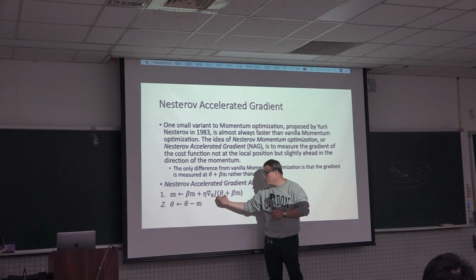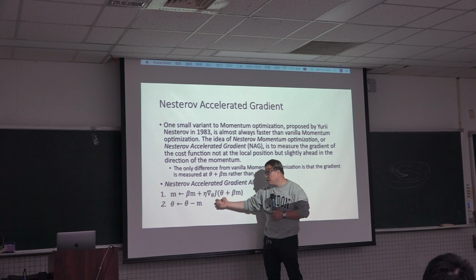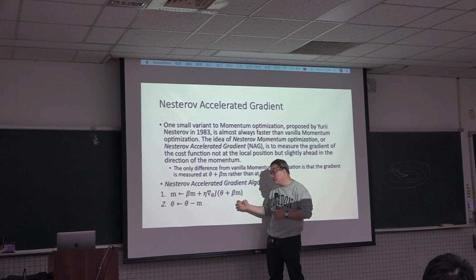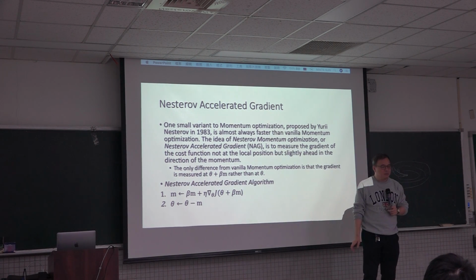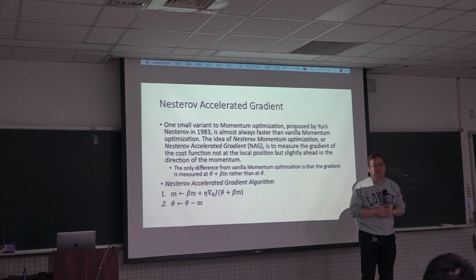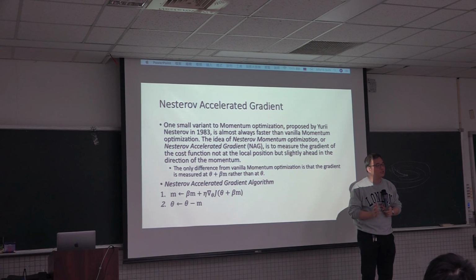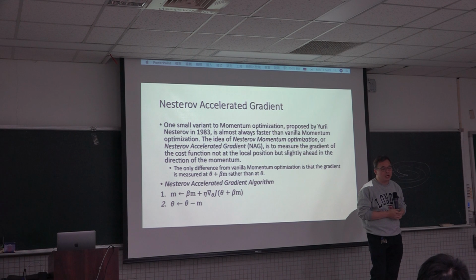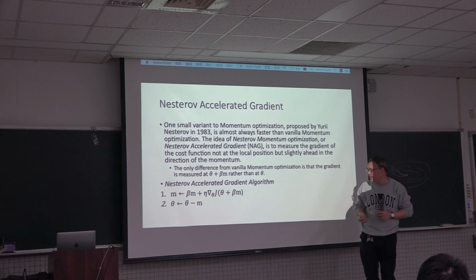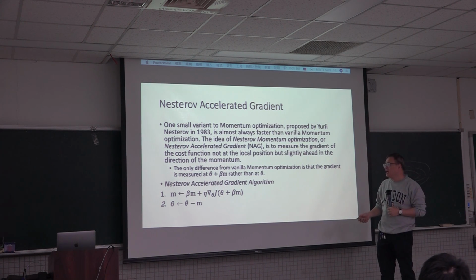So when you get this gradient, it is going to point toward the optimum more accurately, as compared to the vanilla momentum optimizer. That is the concept of Nesterov accelerated gradient.